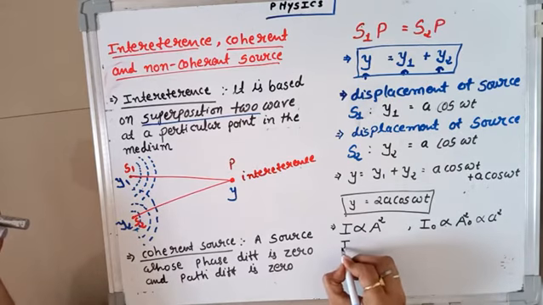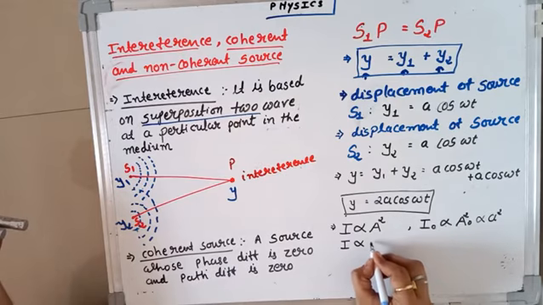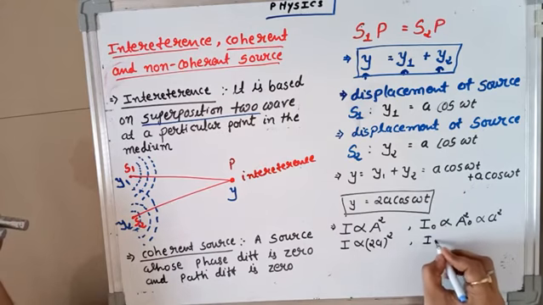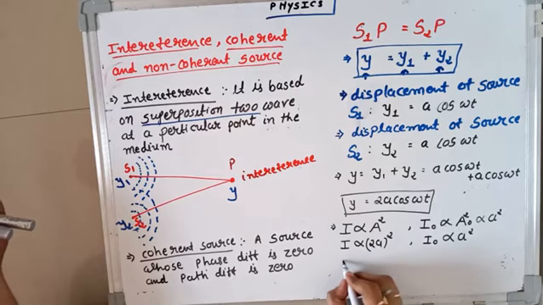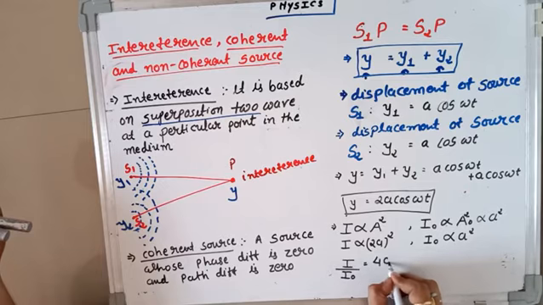Here I is proportional to the final amplitude 2a, the whole squared. So I upon I0 is 4a square upon a square.